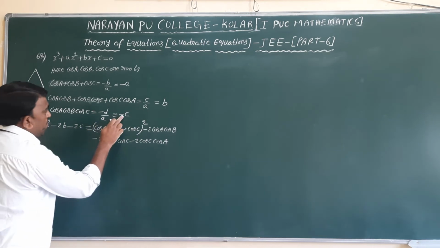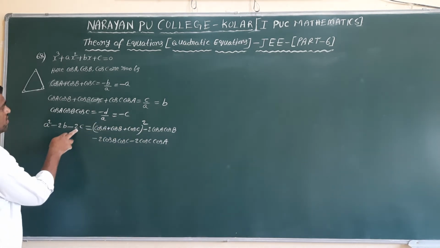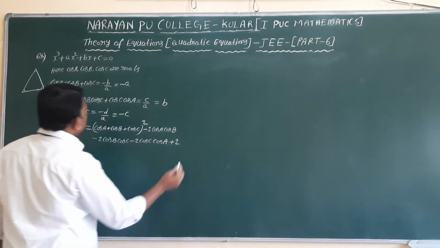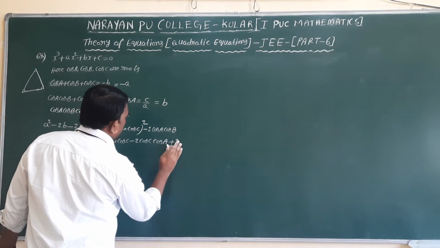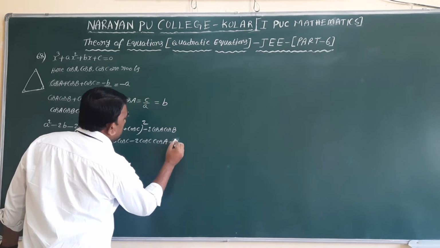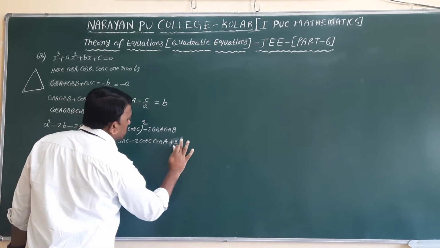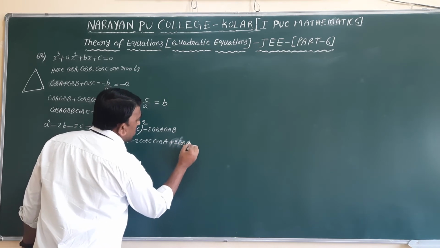So this is minus c into 2, minus 2 into c value is minus cos a cos b cos c, then directly it is plus 2 cos a cos b cos c.